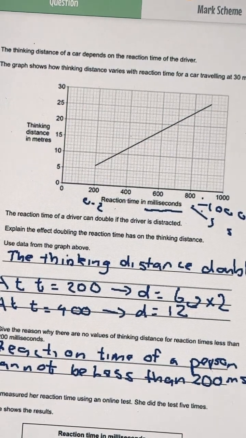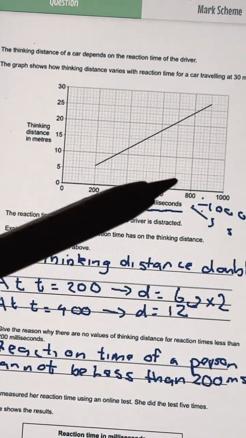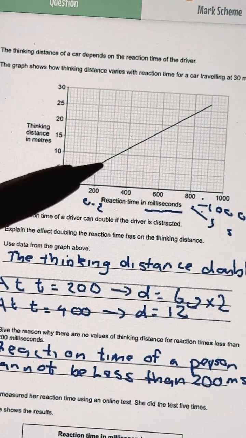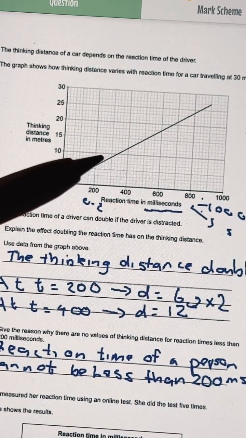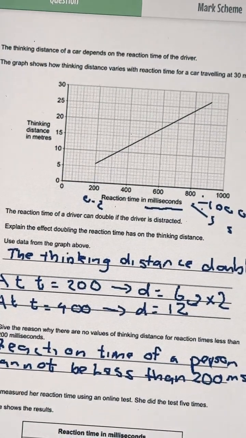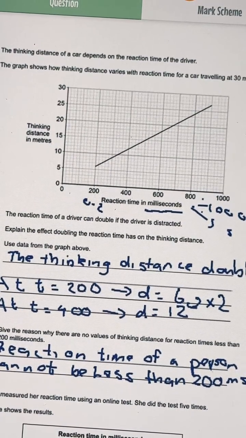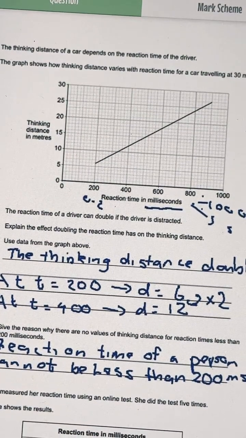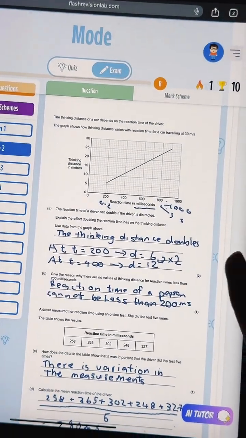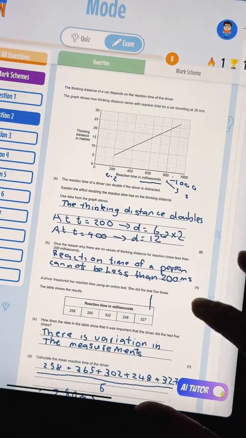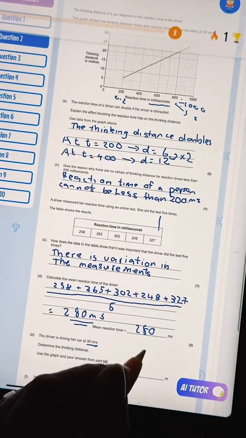Each division there is 1, so it's 1 and a bit just below. It's not directly 2 squares down, it's maybe just under 1.5. So I'd say 8.5 would be the correct answer there. Okay, put that down here, 8.5.